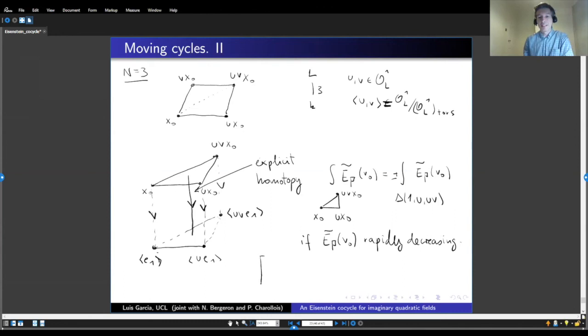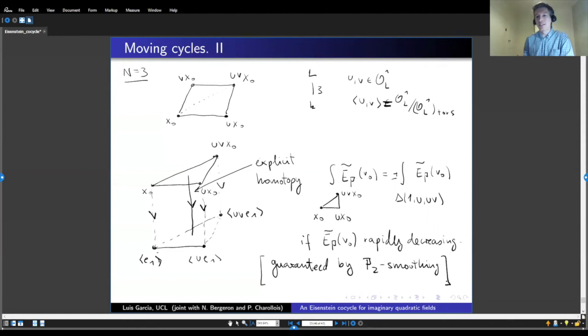For this, and I'll finish with this, I still have 1 minute, I think, maybe 2. Right, so this is guaranteed by the P2 smoothing.